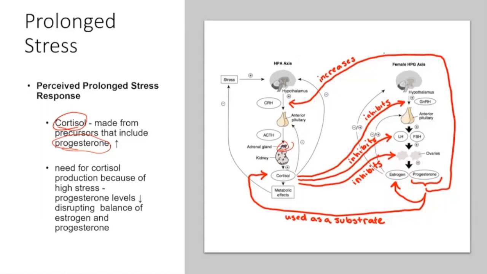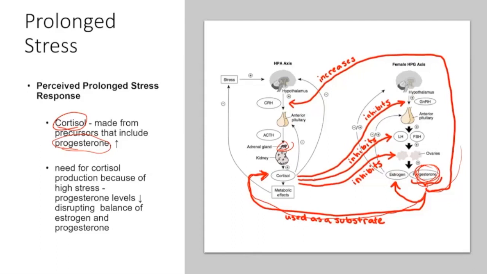So it increases its work here and comes around, and it looks at, oh, here's our friend, Mr. Progesterone. We're going to take you and use you as a substrate over here to make cortisol, and therefore you're not going to be making the other stuff. And then we're going to end up with estrogen at a little bit of a higher level than progesterone because we have a steal going on here.